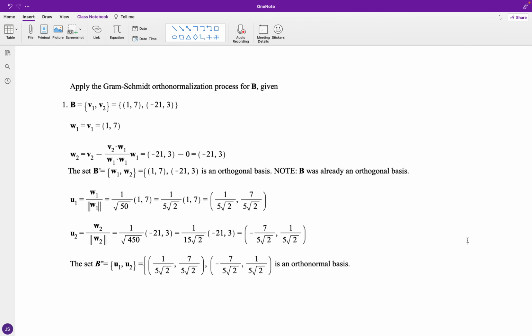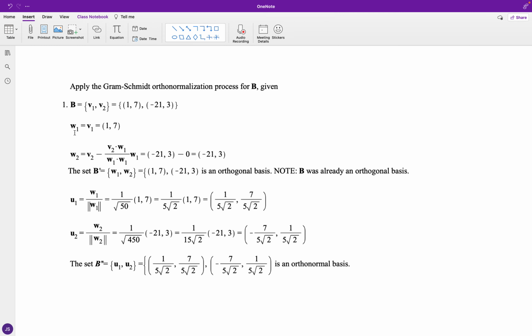In this particular case, that is going to be our orthonormal basis. Now let's say we are applying the Gram-Schmidt orthonormalization process for B, given that the set B consists of vectors V sub 1 and V sub 2, which are (1, 7) and (-21, 3). These were already orthogonal to each other, but we'll go into those details in just a moment.